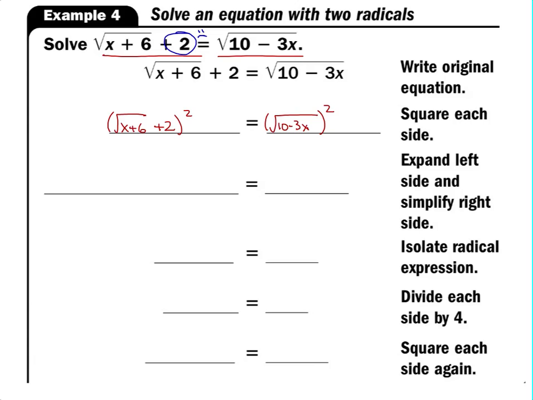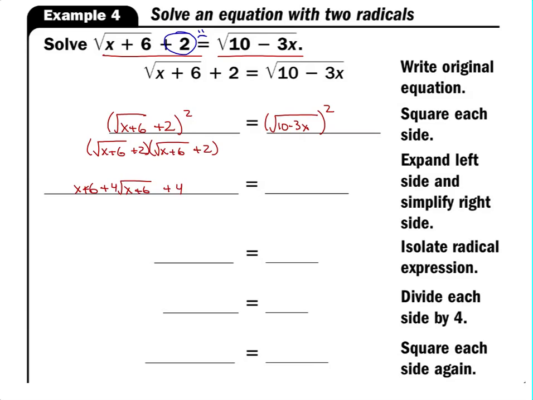And then over on the left here, remember, this means square root of x plus 6 plus 2 times square root of x plus 6 plus 2. And if you FOIL that out, you get x plus 6, and then you get 4 times the square root of x plus 6, and well, then you get 4.